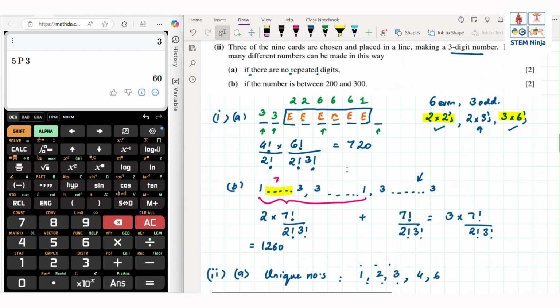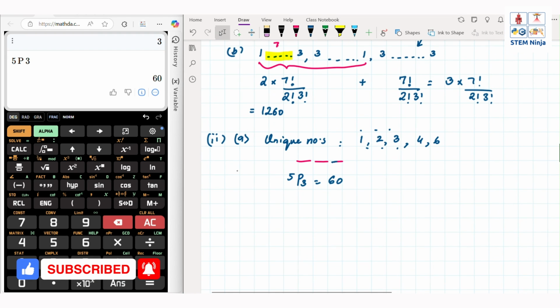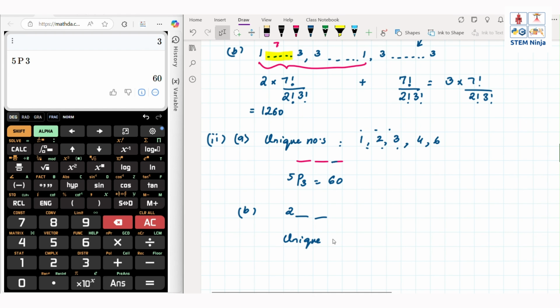If the number is between 200 and 300, and they do not say that there can be repeated digits or not, so that means there can be repeated digits. So first we will do the same thing. We will consider the unique cases, unique numbers included over here for the 2.